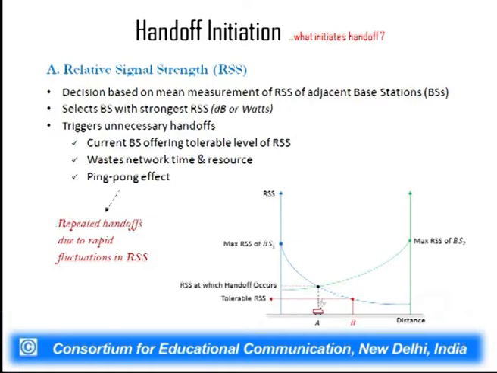Once the mobile node collects the relative signal strength of the neighborhood base stations, or the base stations lying in close proximity, it checks among all those base stations. The base station from which the mobile device is getting the highest signal strength, it will decide to switch over to get its services from that particular base station's coverage.